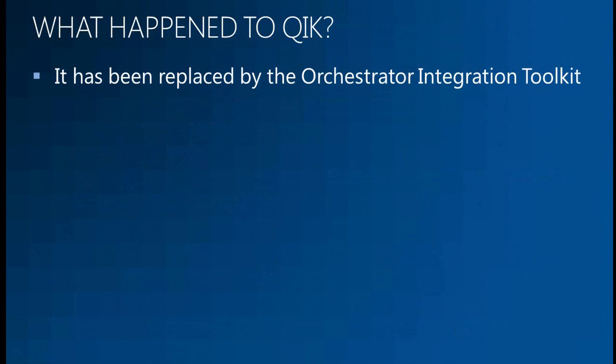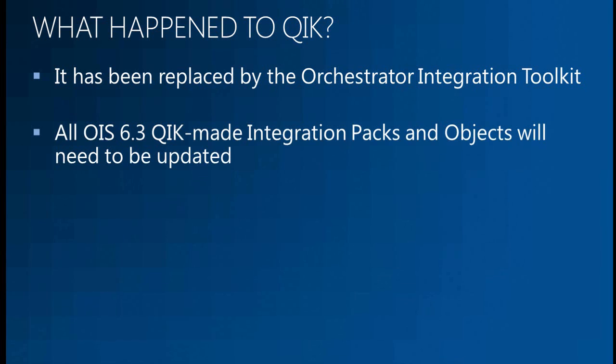This goes for Kick-made integration packs as well, which are now OIT-made integration packs. So what happened to Kick? It's been replaced by the Orchestrator Integration Toolkit, or OIT. All OIS 6.3 Kick-made integration packs and objects will need to be updated. So if you created any for yourself, you're going to have to essentially rework naming. It depends if you use .NET as opposed to just the command line.